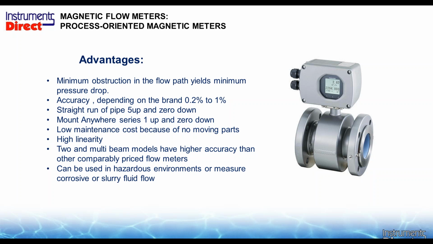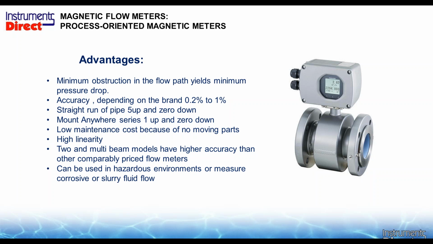With mag meters, you traditionally need a little bit less straight run of pipe than most meters for optimum performance. In fact, there's one particular brand we have that only needs 1 pipe diameter before and 0 after, and it uses a special method of averaging, multipath, to come up with that.